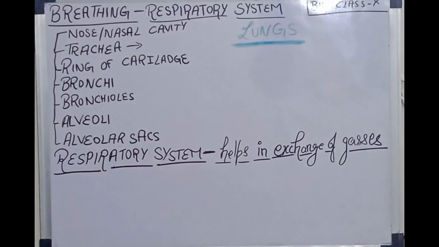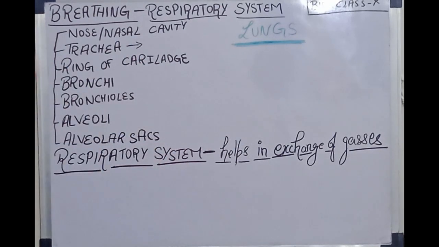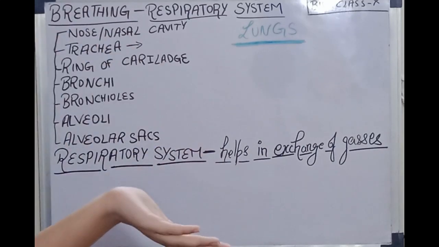Now why respiratory system? See, I don't have very deep knowledge about this topic, but how I made myself learn this is: we humans need oxygen for respiration. Now from where will this oxygen come into our body? Through the lungs. That is basically the process of breathing, जिसमें we inhale oxygen and exhale carbon dioxide.